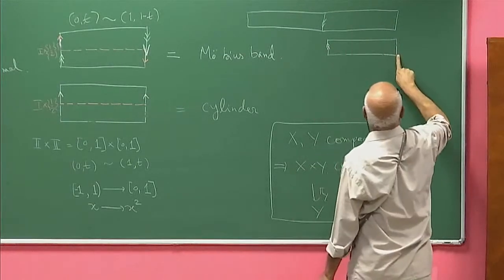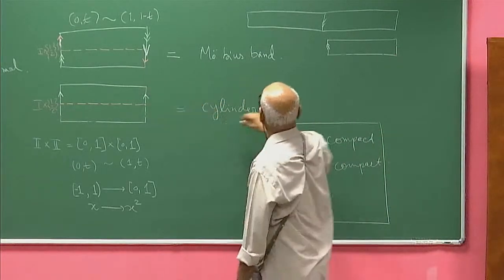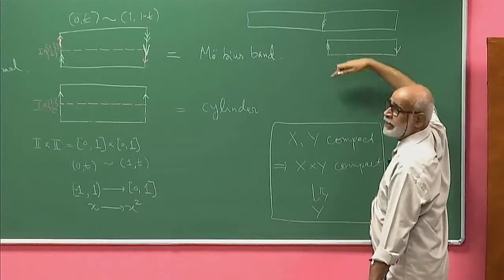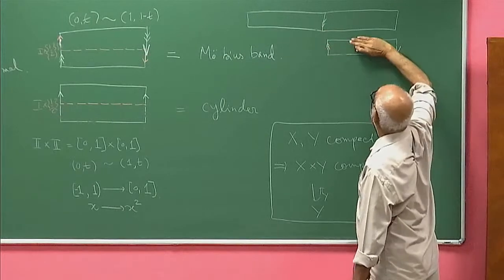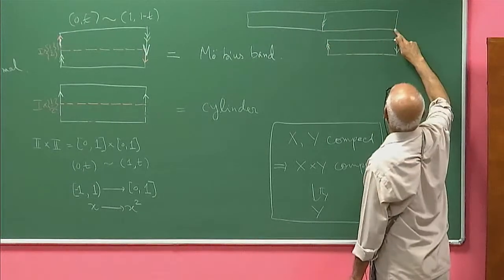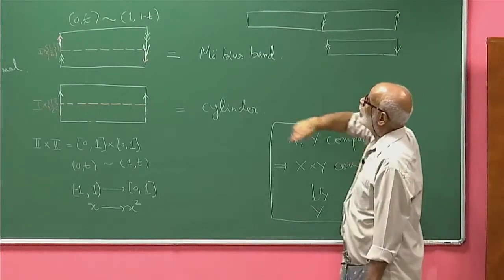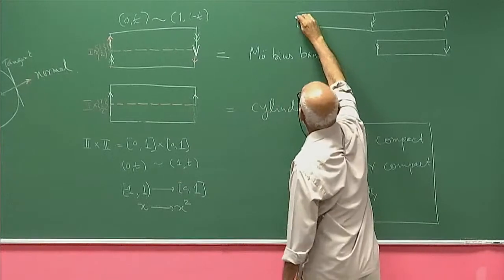So what has happened to this line here? This line, look at this one, this is a downward arrow here, right? This downward arrow here. But I have to identify it with this one because this is upward and that's downward. To make it downward, I have to turn it around. When I turn it around, this arrow becomes this way. Okay, what is the red arrow here? The red arrow here is standing upwards only.